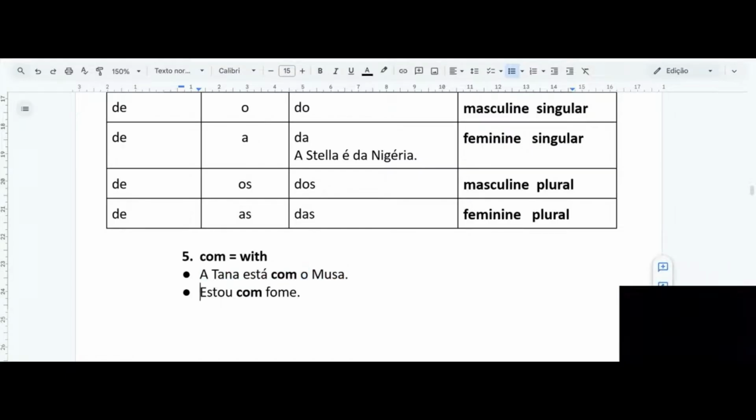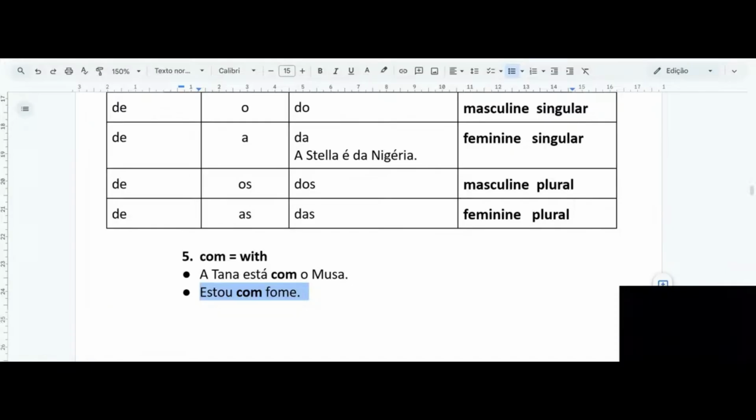Estou com fome. I am hungry. Someone says, Senior Sam, you said estou com fome. I say, I'm hungry. Guys, am I not mad? No, I'm not mad. That's the right way to say it. That's what I was saying. We shouldn't translate English to Portuguese. If you take it word by word to English, it says, I am with hungry.